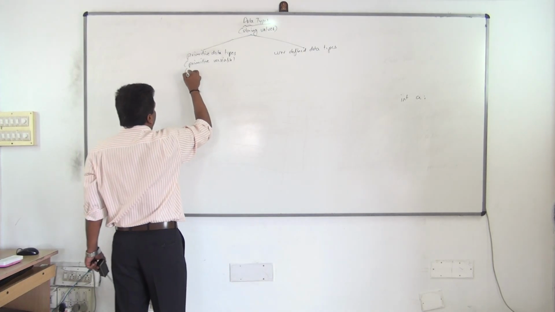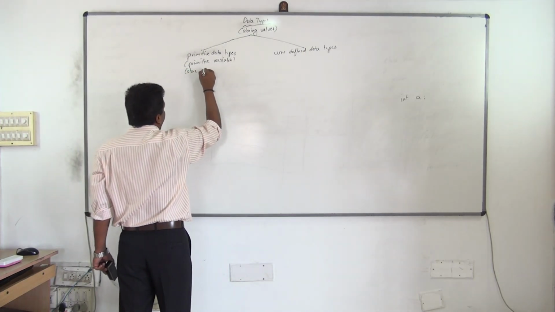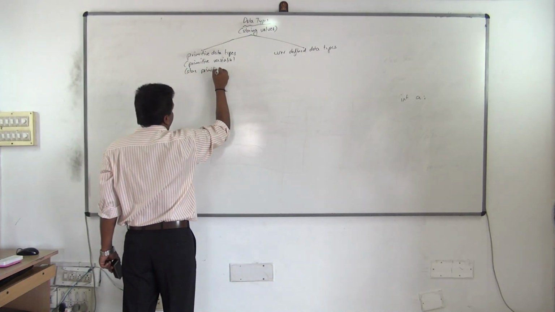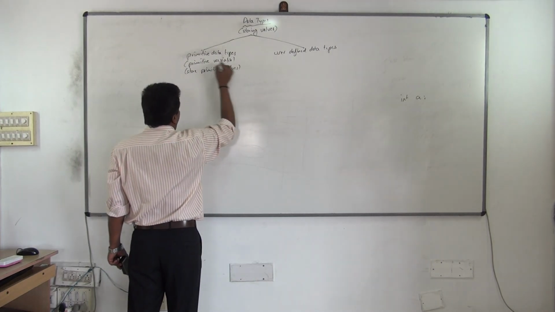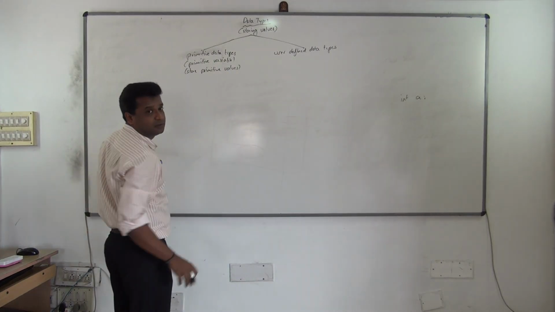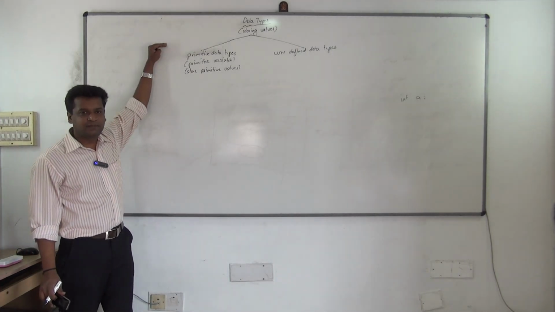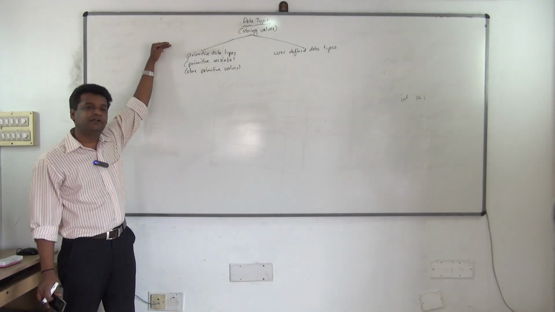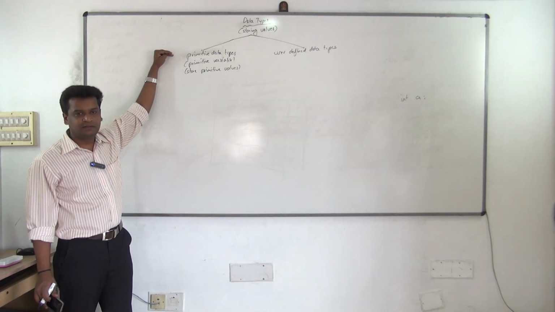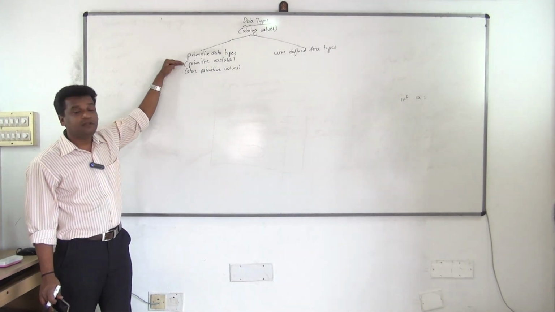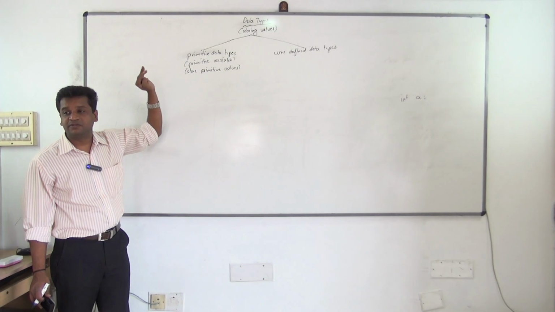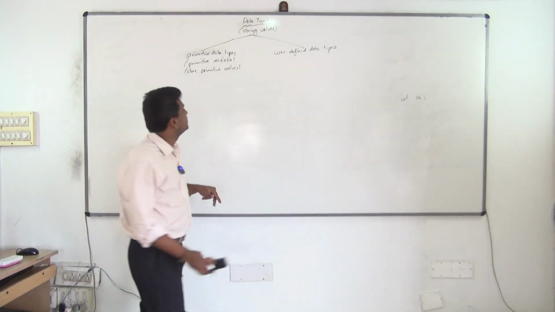And it can store what? Primitive values. A primitive variable can store primitive values. As simple as this. A variable declared of primitive data type is called as primitive variable. Understood? And primitive variables can store primitive values. Very simple classification.